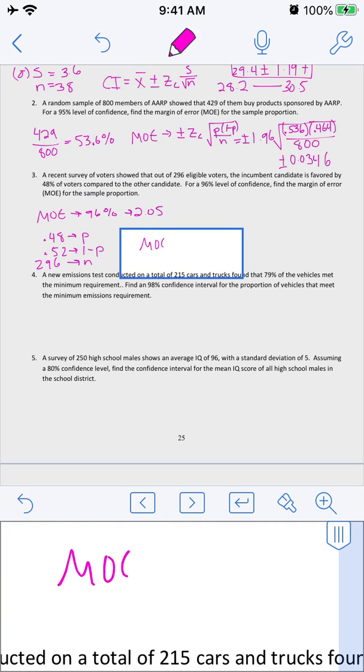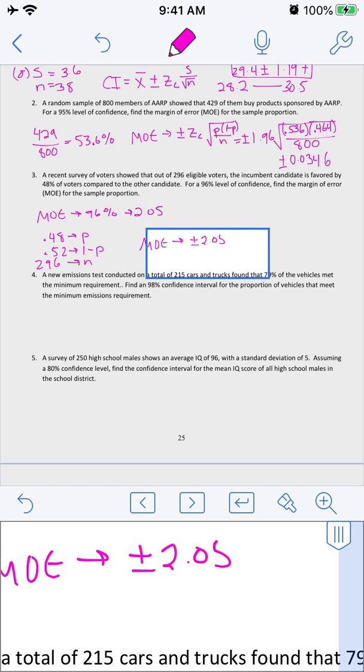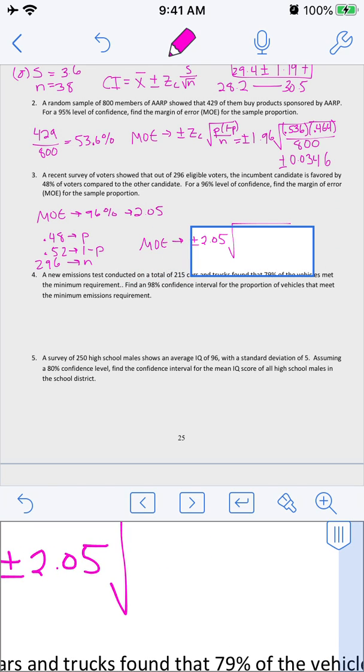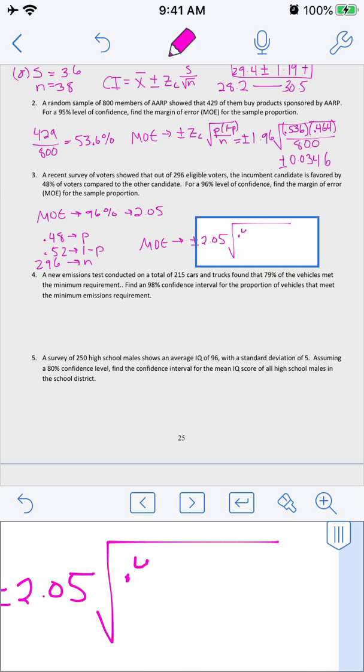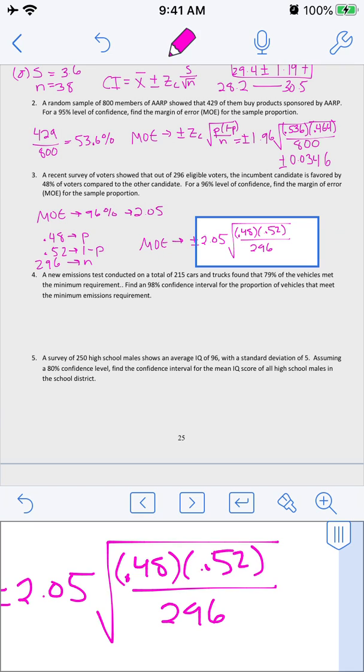Therefore, our margin of error would be plus or minus 2.05 square root, giant square root, 0.48 times 0.52 over 296. Okie dokie. Let the calculator handle it from here. 2.05 times square root 0.48 times 0.52 divided by 296.